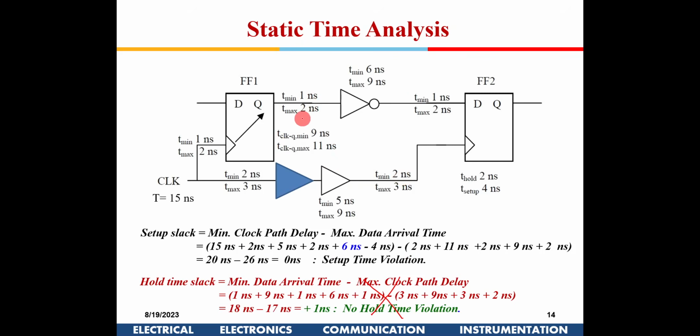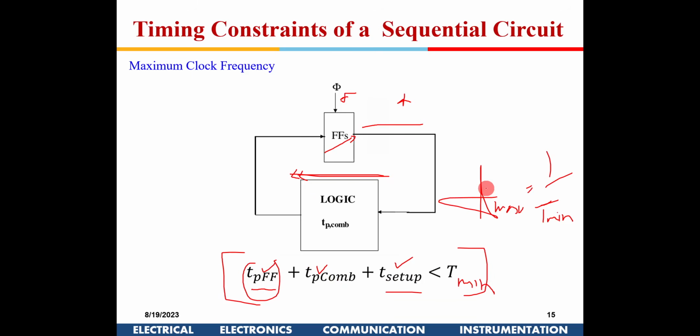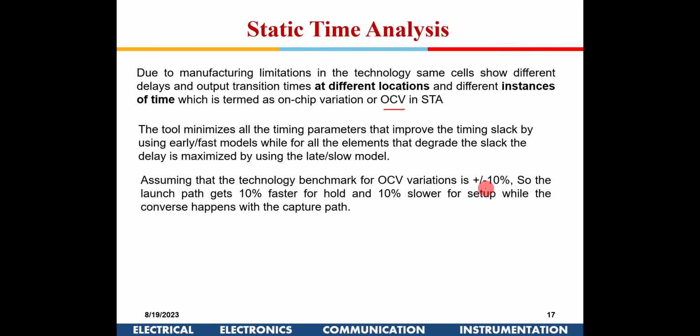So when we do an STA analysis, sometimes max and min data is available. Sometimes that max and min data will not be available in some circuits. Only the nominal delays will be available, and then we have to consider, for a particular technology, that the OCV variation is 10%, 20% or 30%, whatever, depending on what the fab lab tells you.